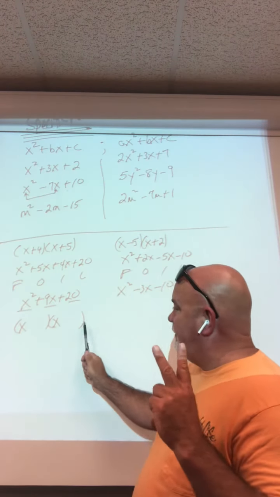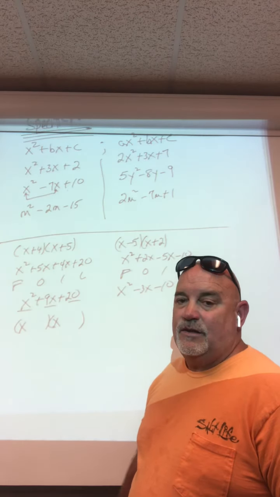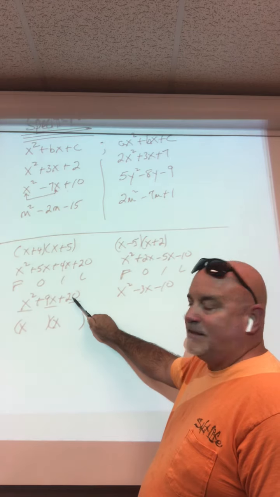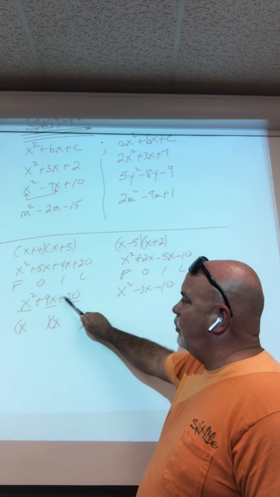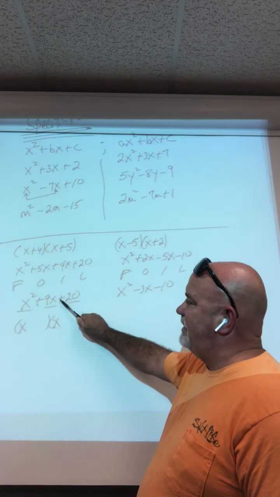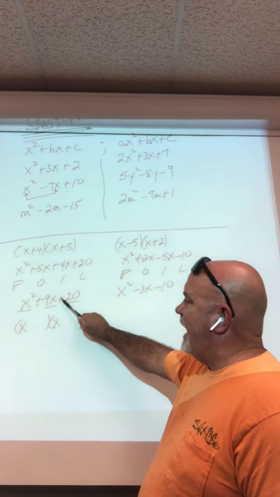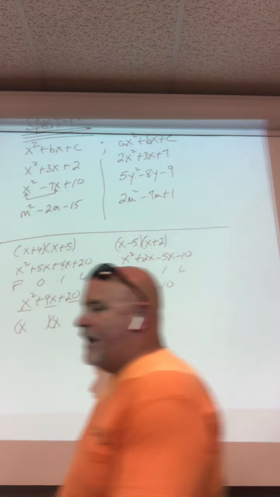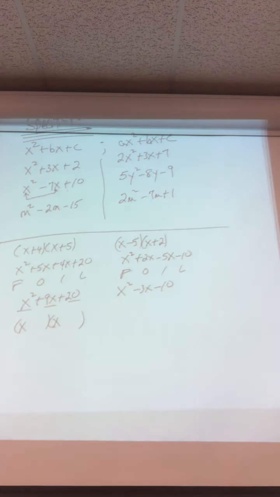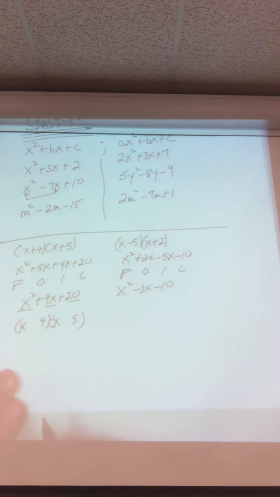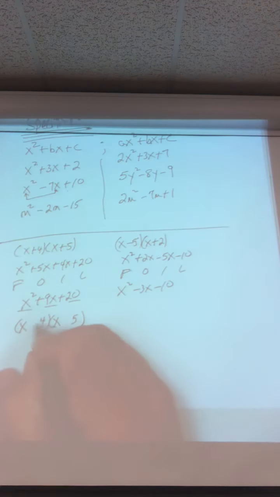To fill in the last 2 spots, you ask yourself: what 2 numbers multiply together to give you 20, but if you add them together, you get 9? Multiply to give you 20, add together to give you 9. That would be 4 and 5. And to multiply to give you a positive 20 and add to give you a plus 9, they both have to be plus.